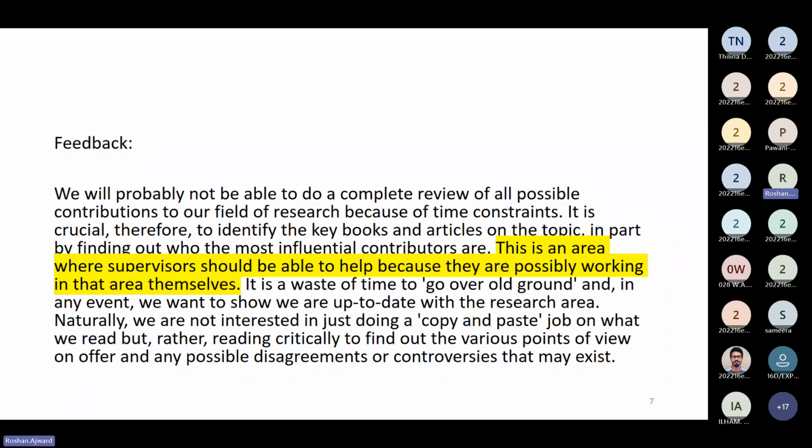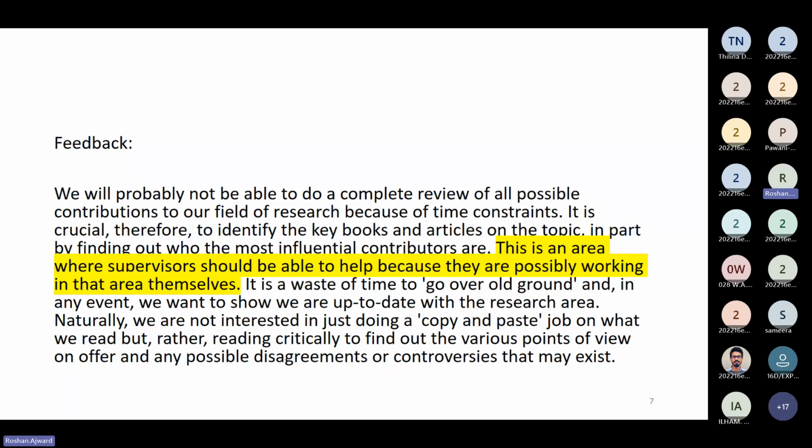It is a waste of time to go over all ground, and in any event, we want to show we are up to date with the research area. So all ground means if you are going to do a research that's already done, then that's not a research because there's nothing new.